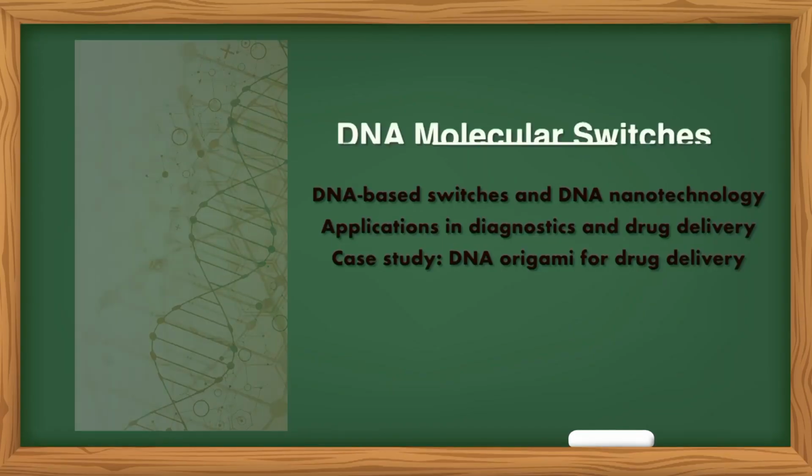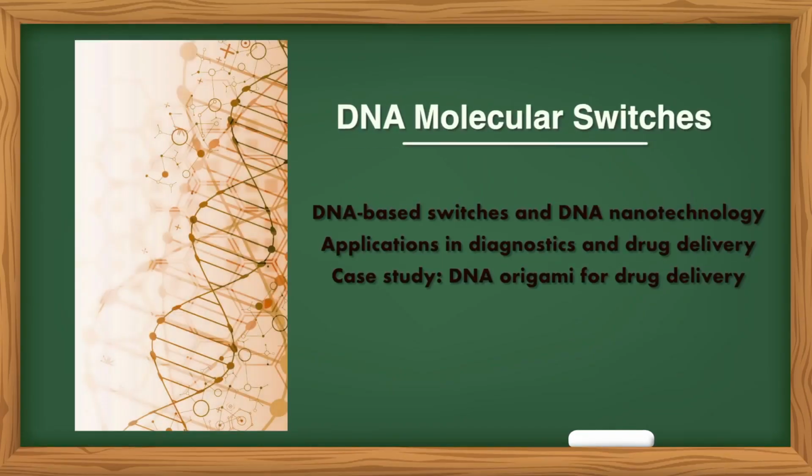They are used in chemical sensors and diagnostics. Ion sensitive switches change their properties in the presence of specific ions, making them useful for ion sensors and biological applications. Seventh type is DNA based molecular switches.